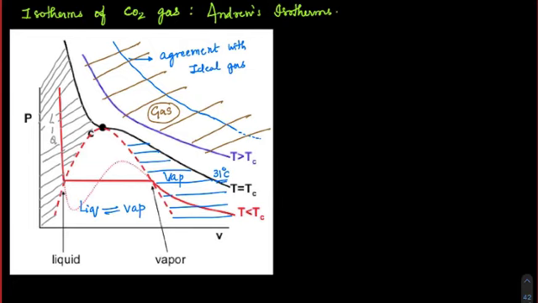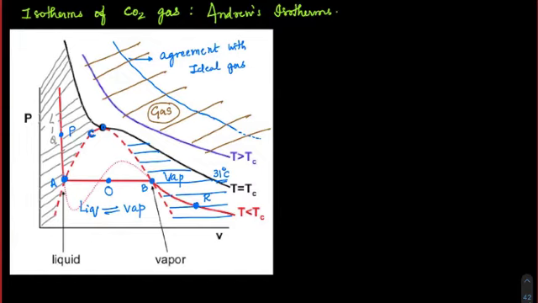Suppose we have a gas analyzing at this point, and I call this point A, this point B, and this is already point C given. Let's say some point here as point O, some point here as point P, and some point here as point R. I hope you guys are with me on this.